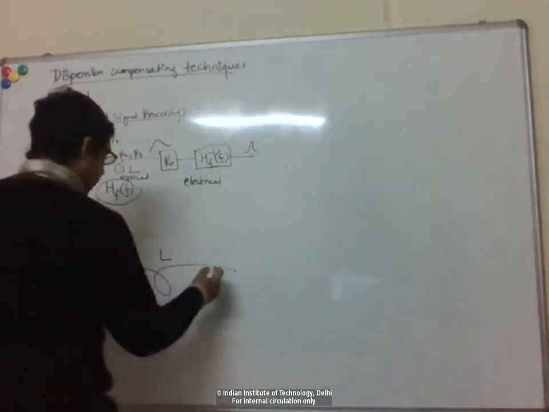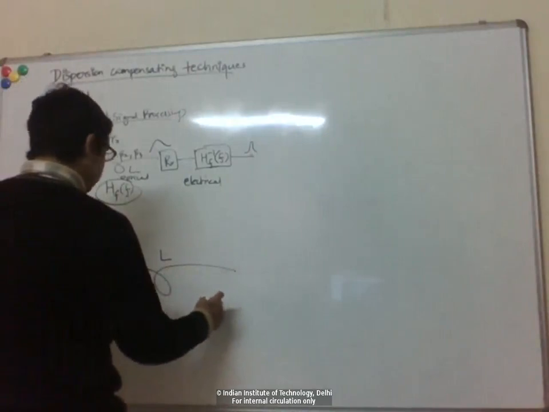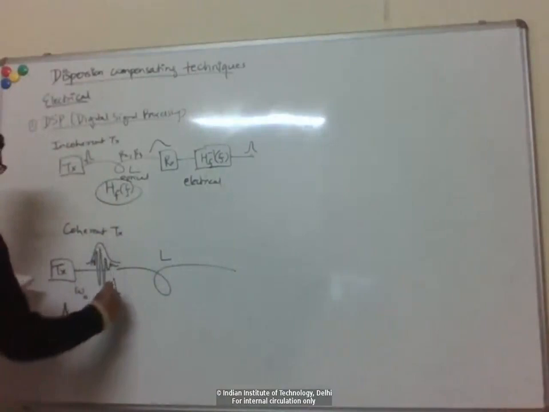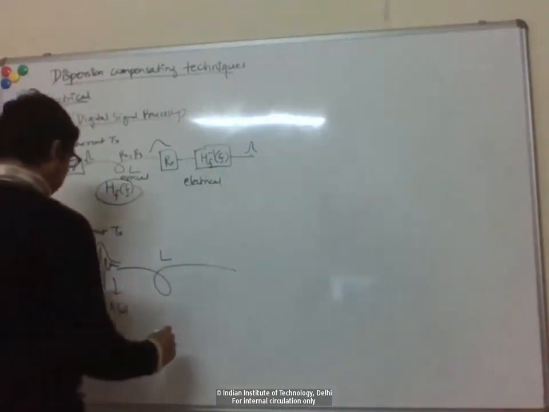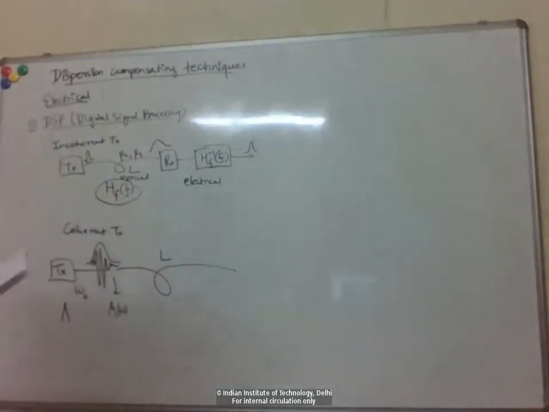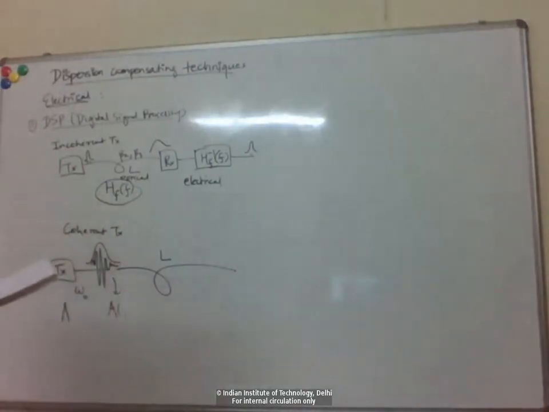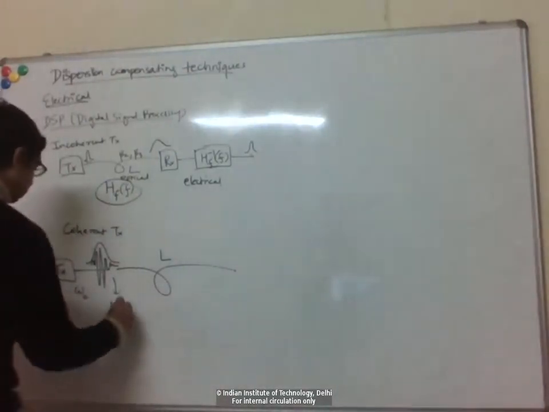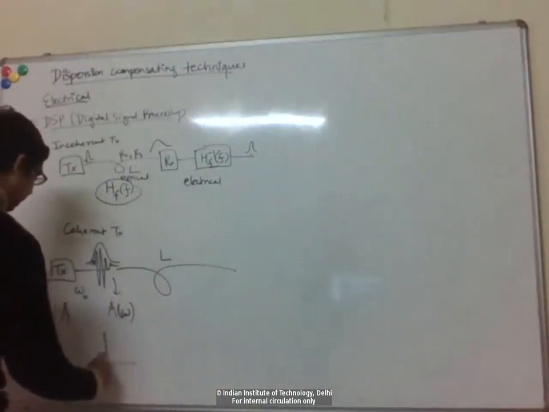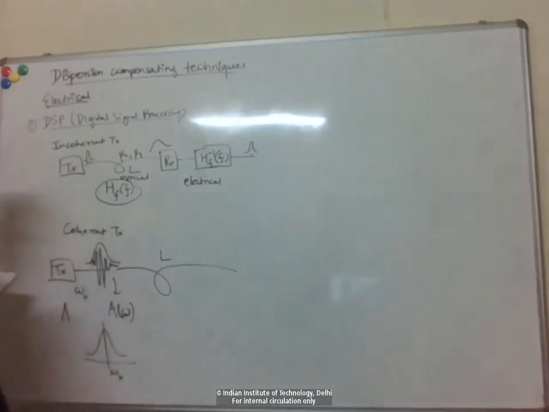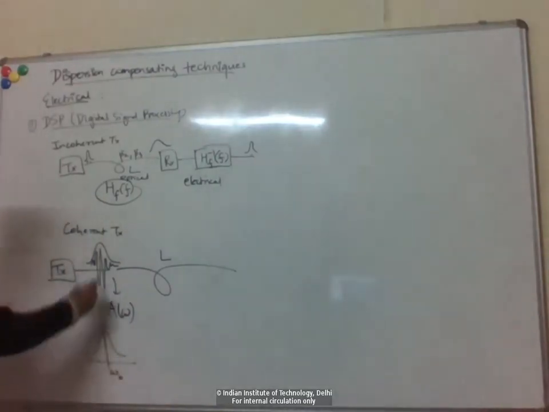Or equivalently, what is happening again is that in the frequency domain, we are multiplying by a phase shift. So this has some amplitude spectrum A of omega, centered around omega naught. So the spectrum looks something like that. The bandwidth here is inversely proportional to the pulse width in the time domain.